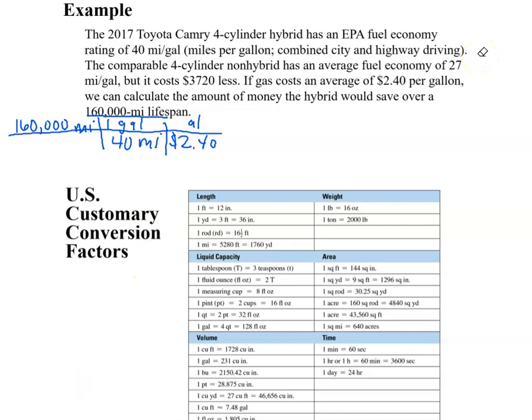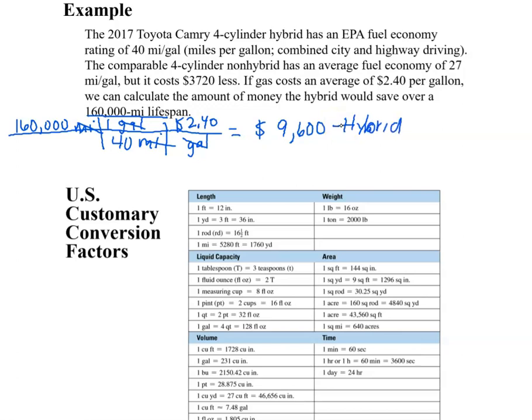And we want the gallons to cancel out, so we're going to switch this. So $2.40 for every gallon. So when we take our 160,000 and multiply it by $2.40 divided by the 40 on the bottom, because the gallons cancel out, the miles cancel out, we're getting $9,600. This was for the hybrid.